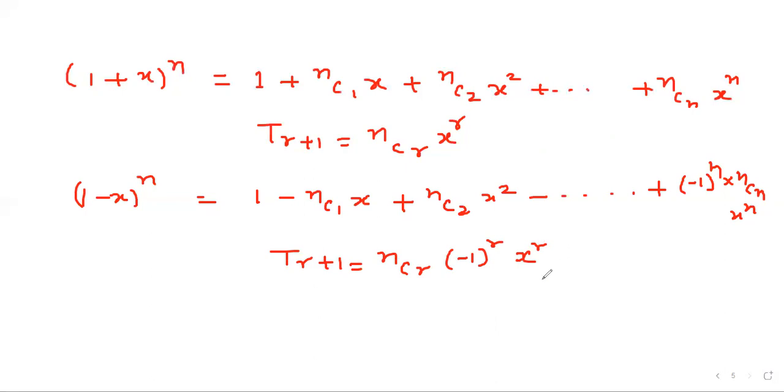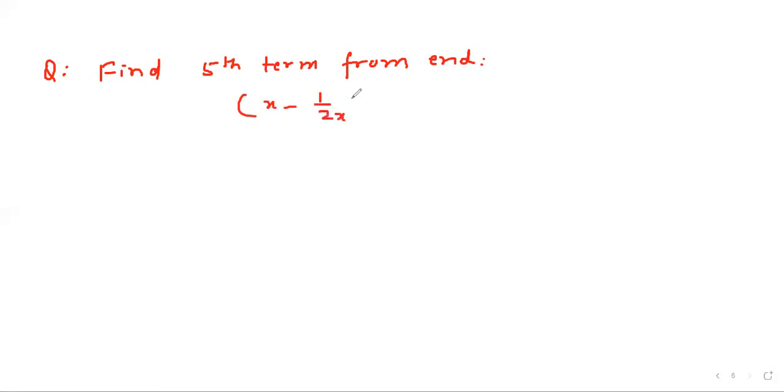Now let's see some questions. Suppose the question is: find the fifth term from the end. The expression is (x - 1/(2x))^10.